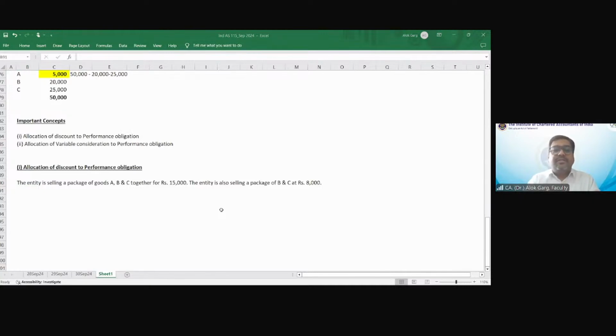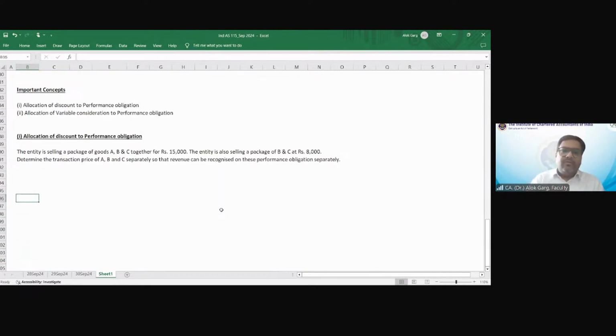Determine the allocated transaction price of A, B, and C separately so that revenue can be recognized on these performance obligations separately. Okay.